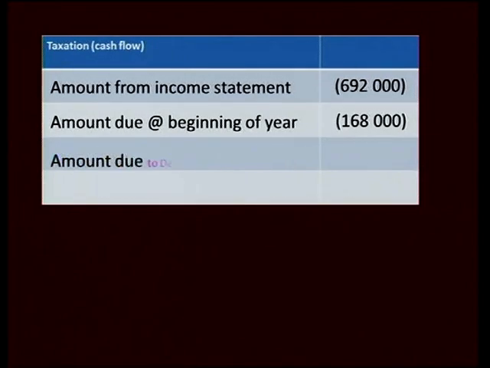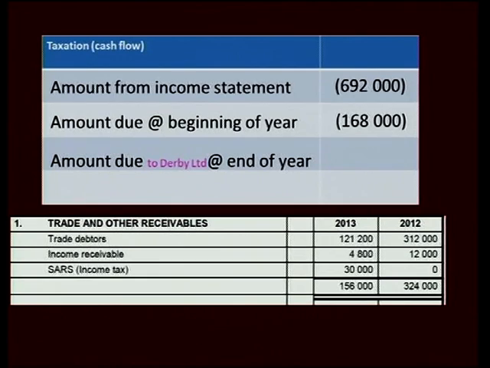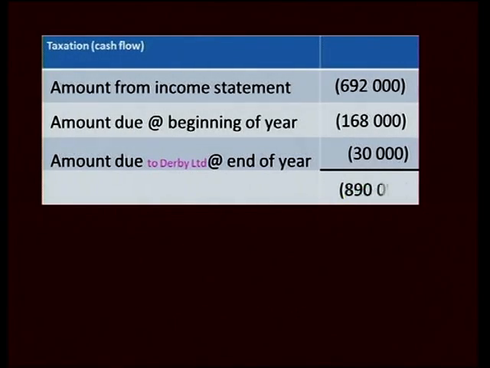And SARS owes me 30,000 at the end of the year. It means I have overpaid 30,000, so my net cash outflow is 890,000. So again, two ways of reconstructing the taxation amount.